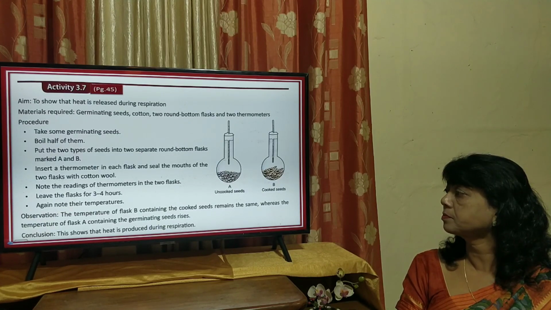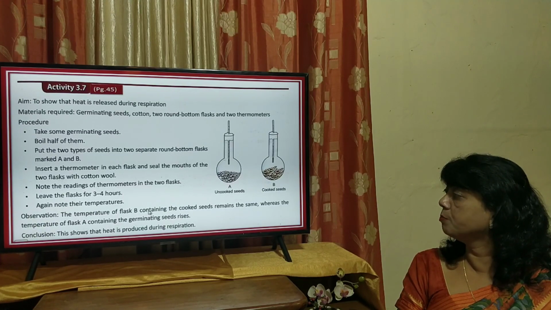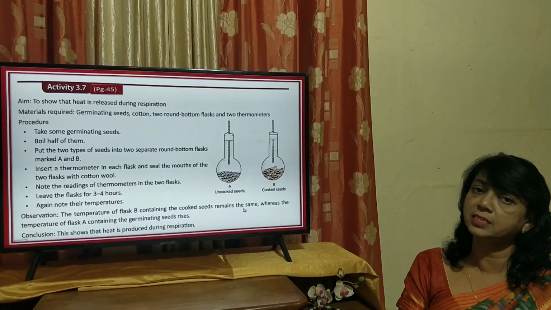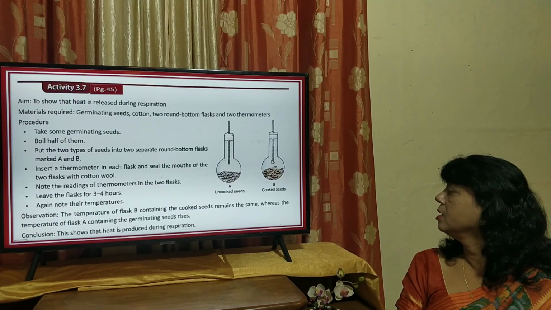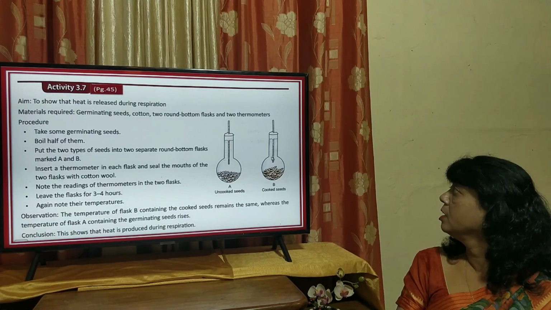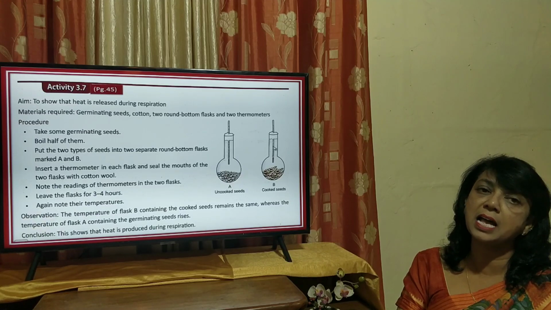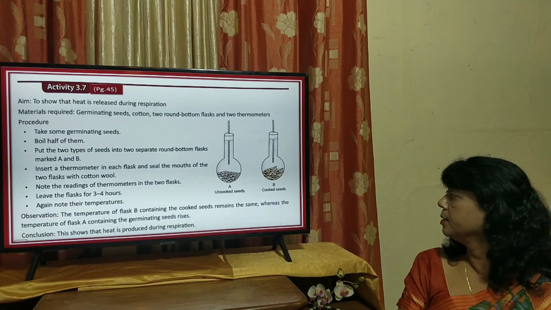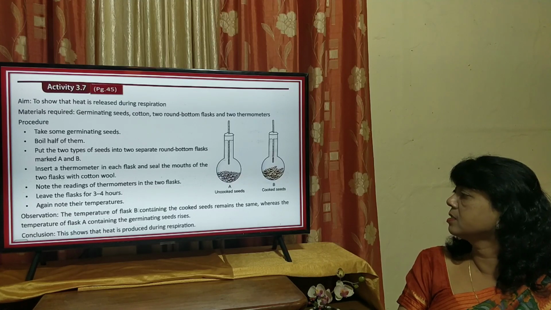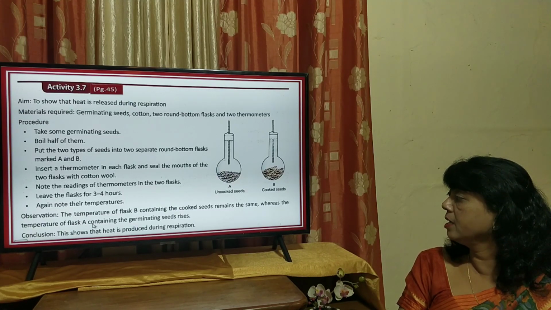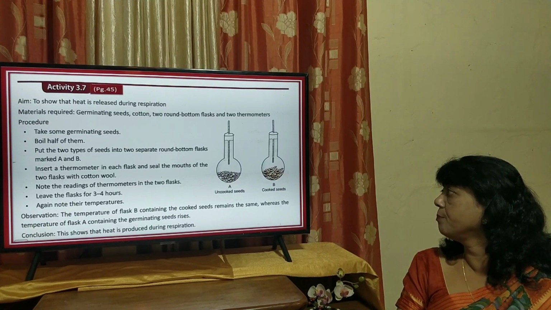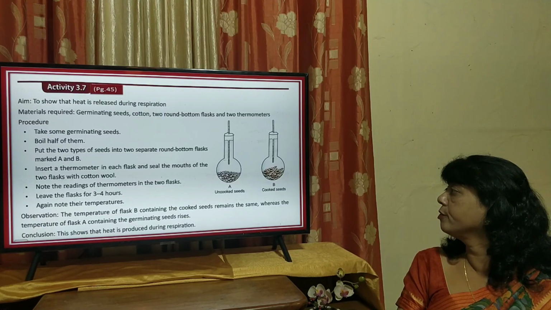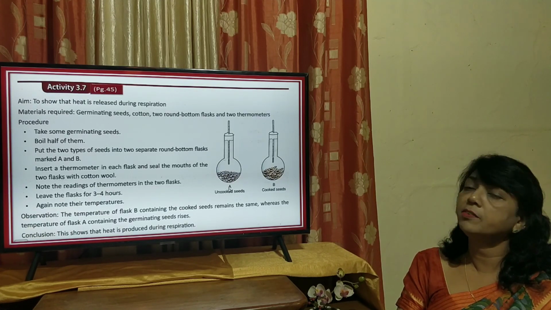Observation. The temperature of flask B containing the cooked seeds remains the same. The thermometer in this flask showed the same reading as it was showing earlier. Whereas the temperature of flask A containing the germinating seeds rises. Now the temperature of this flask shows a rise in flask A.